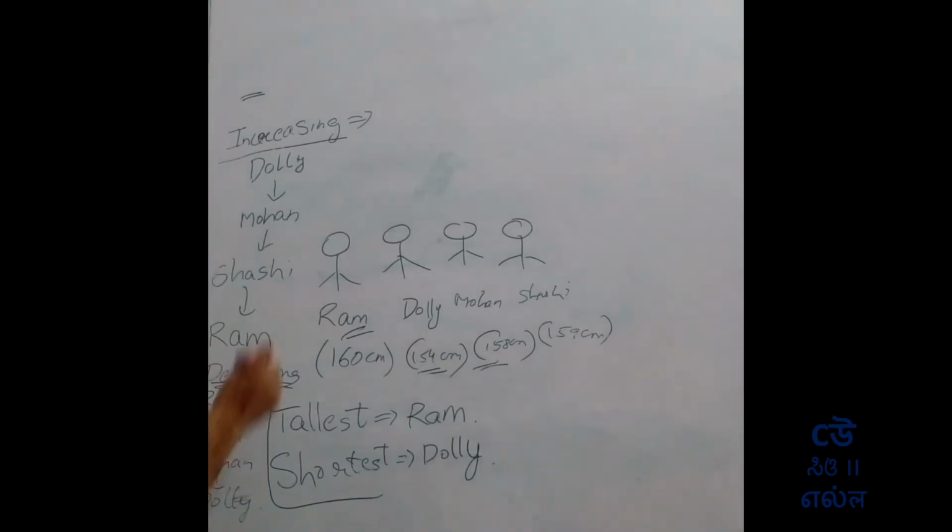So in this activity, we learned how to find the tallest among all, how to find the shortest among all, and how to write the heights in increasing order and decreasing order. Okay.